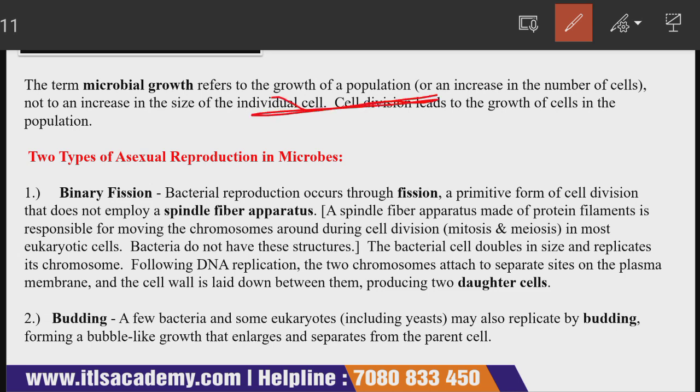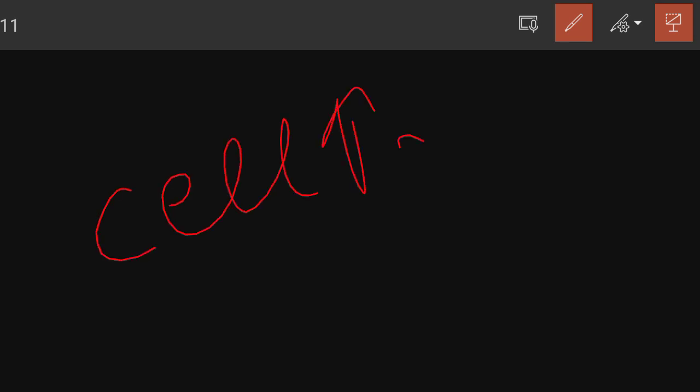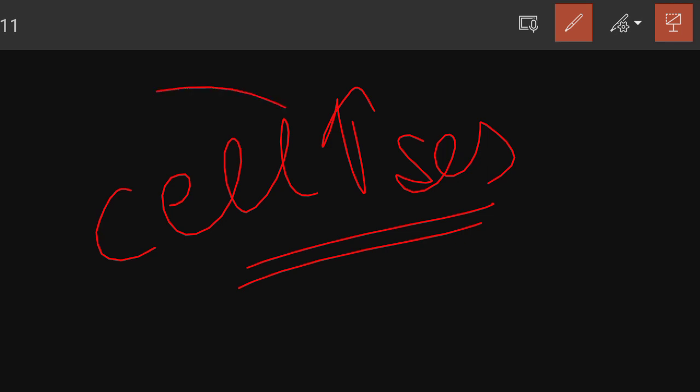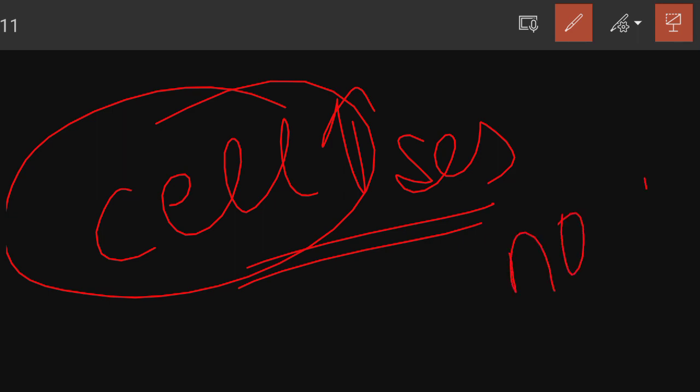Growth of population means an increased number of cells. This doesn't mean that the size of any microorganism grows. No, only the number increases.